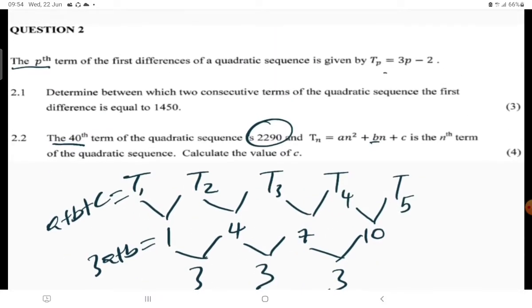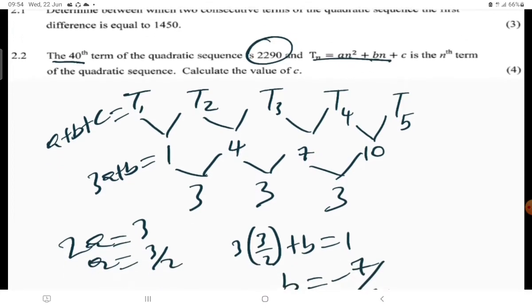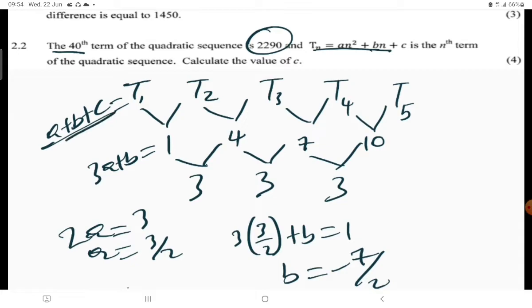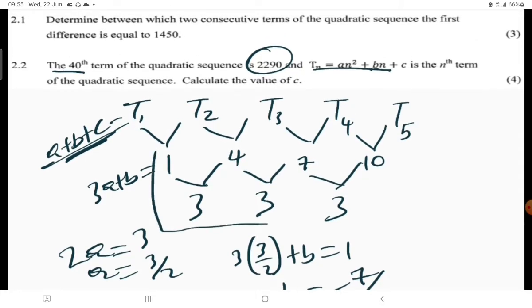So I think that was the answer. The idea was to first find A and B, and we couldn't find C directly because we didn't have the first term of the quadratic sequence. Otherwise, we managed to get everything else because the first difference formula was given.